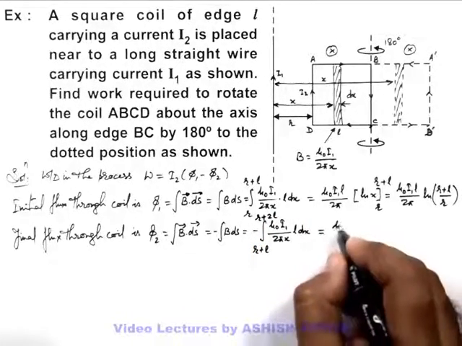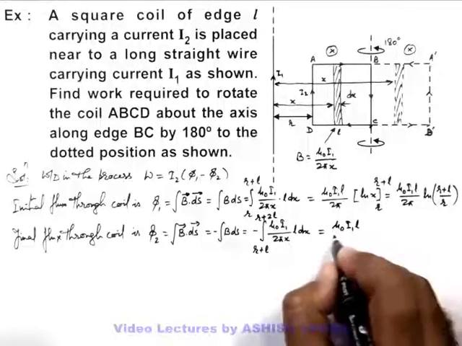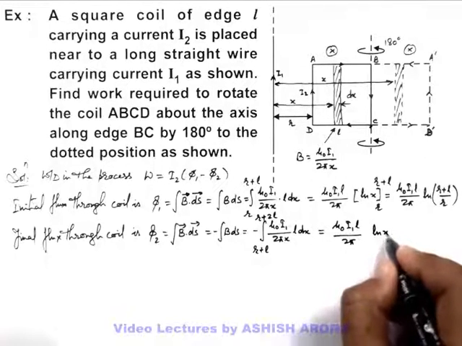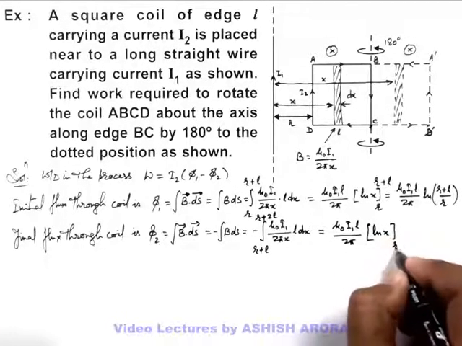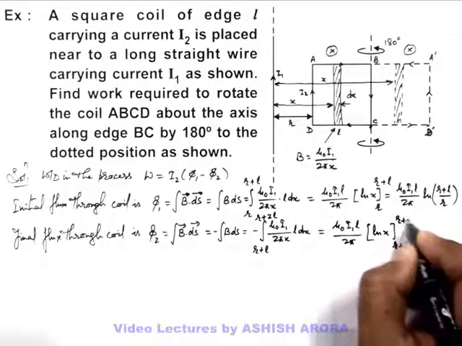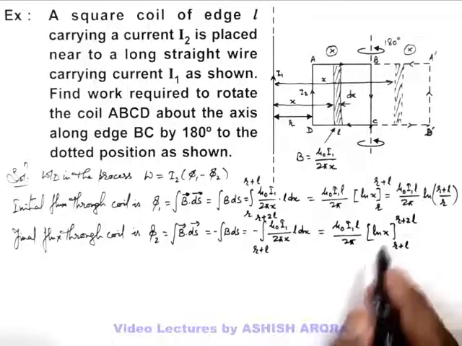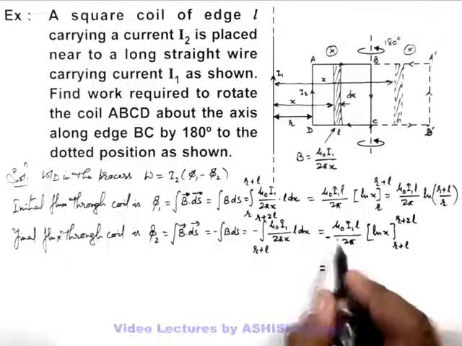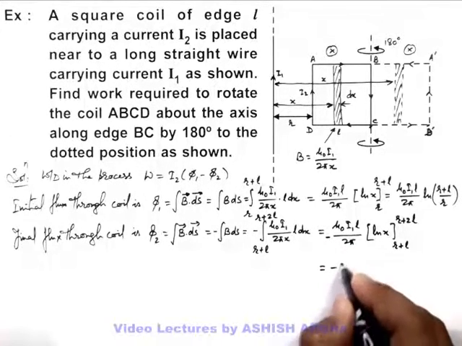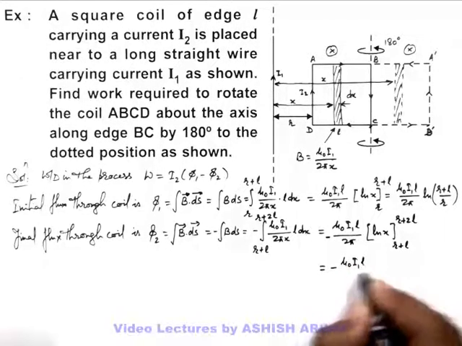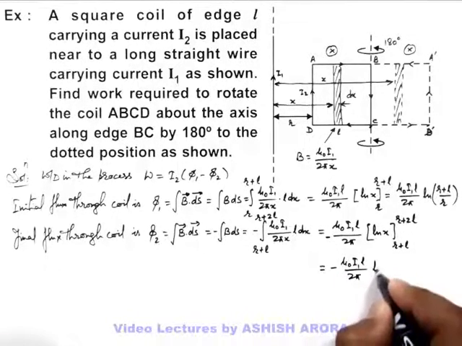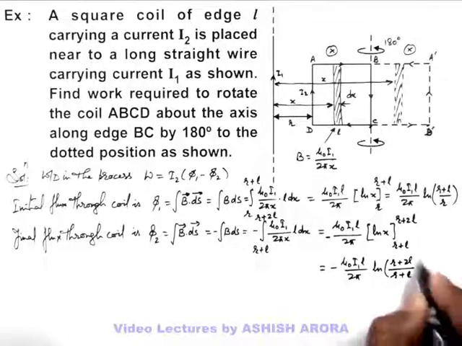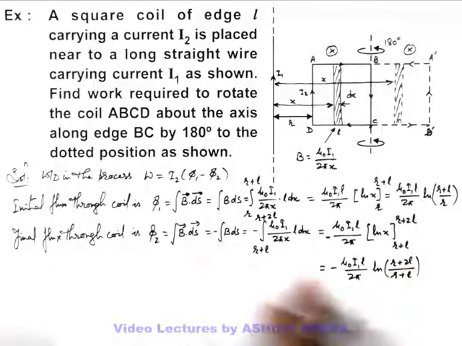If we integrate, mu naught I1 L upon 2 pi, 1 by x dx will be ln x, and limits we substitute from R plus L to R plus 2L. There is a negative sign also which I missed. So this will be minus of mu naught I1 L by 2 pi ln of (R plus 2L) by (R plus L). That's the final flux, which is negative.